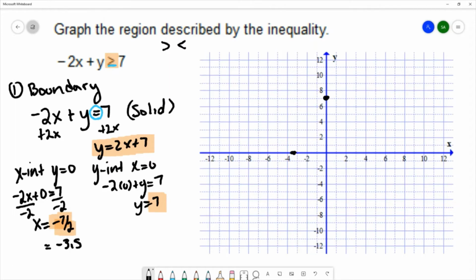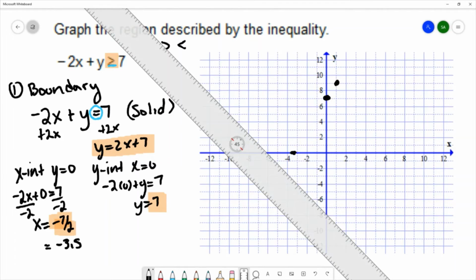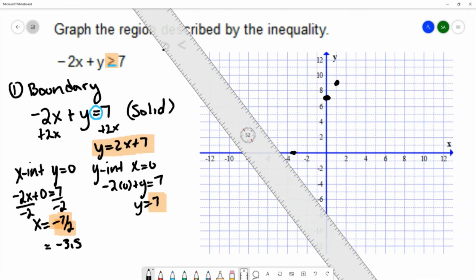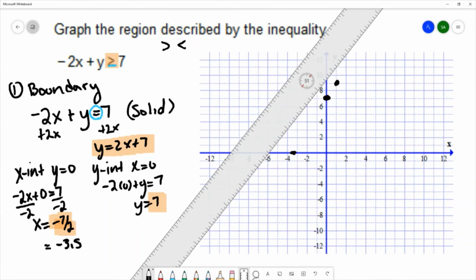And you would connect those 2 points. If you were using the slope and the y-intercept, we already have the y-intercept plotted, and I would rise 2 and run 1. And you can see that these 3 points all fall into the same line. So you'll get the same line using either method.